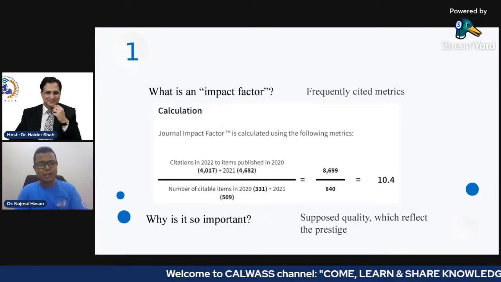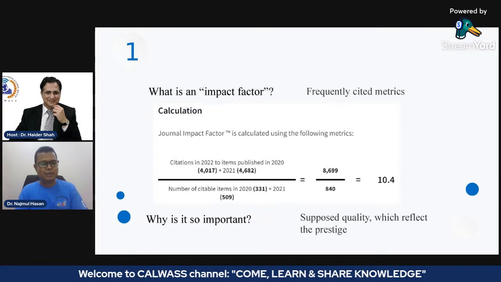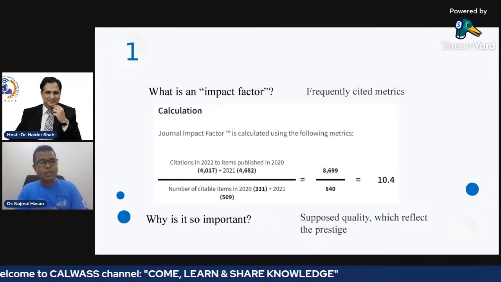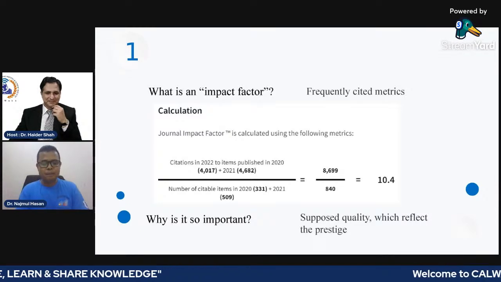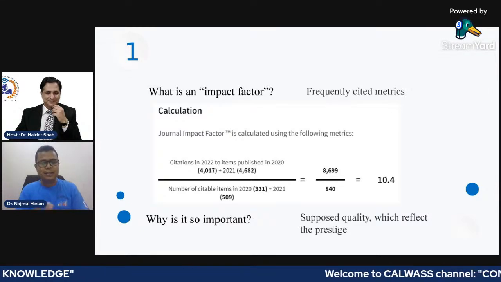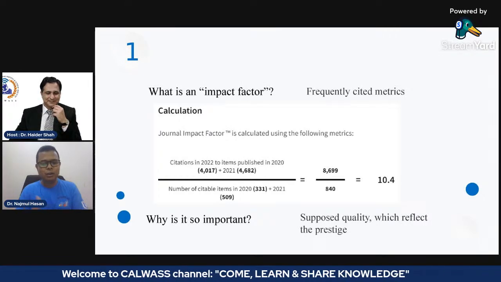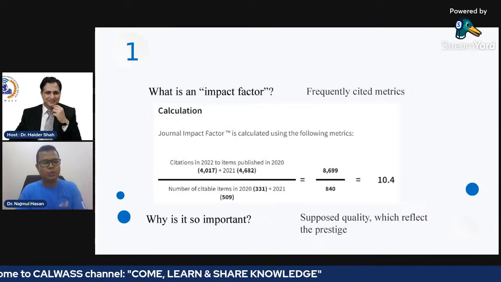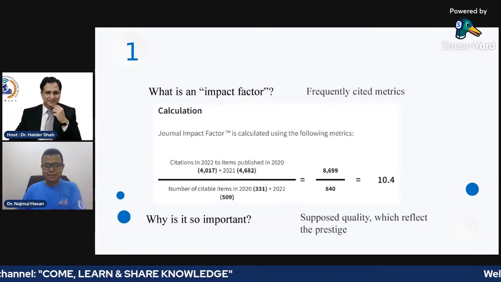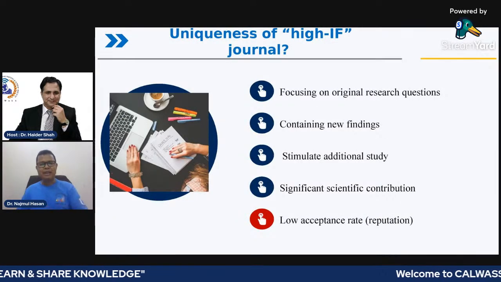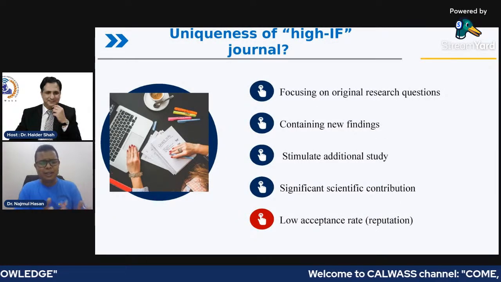The journal article title doesn't matter so much as the journal in which you published your paper. So impact factor indicates a very good journal. Higher impact factor means higher quality, and lower impact factor means lower quality. It's simple.